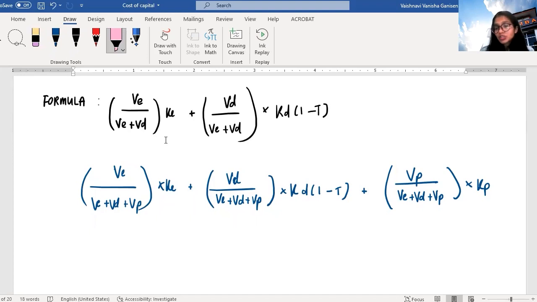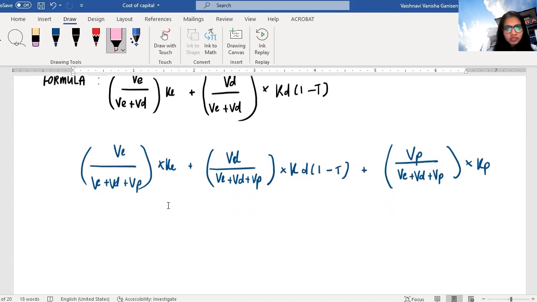Similarly, you are calculating the KD according to the weightage of total sources of finance, and similarly the preference shares. So what is the weightage that I use? I'm using the market values of the sources of finance that I have.